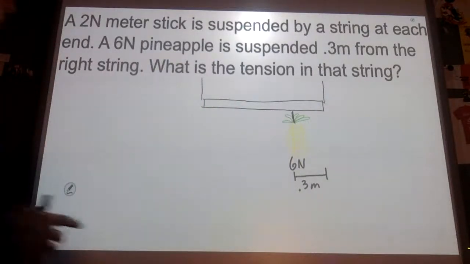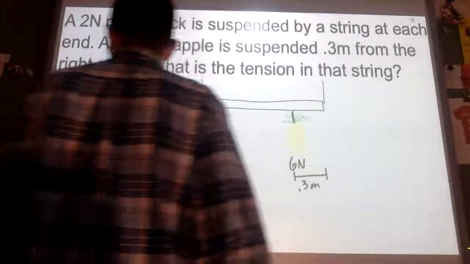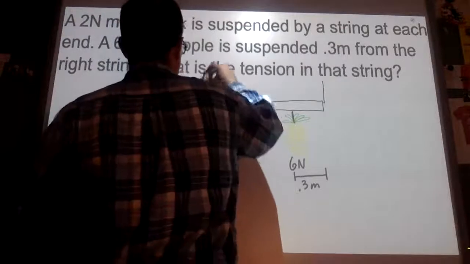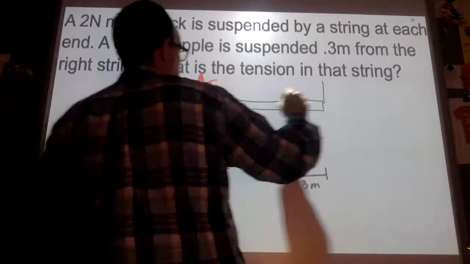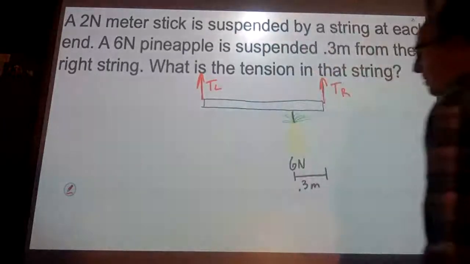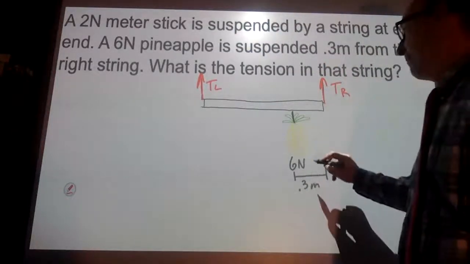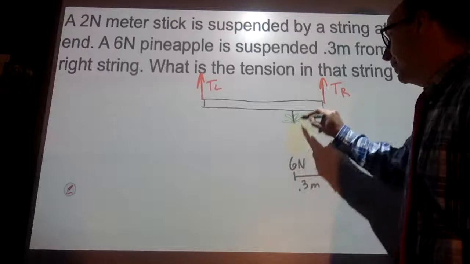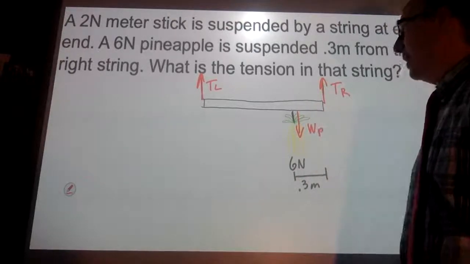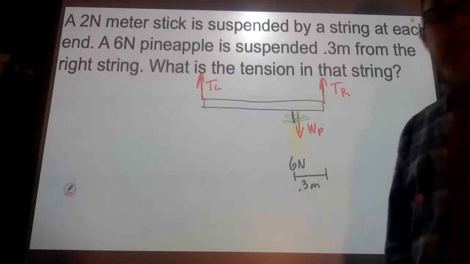What is the tension in the right string? Okay, so we have a number of tensions here. We have the tension in the left string that is going up. We have the tension in the right string that's going up. We have the weight of the pineapple that's going down. And we also have the weight of the meter stick.